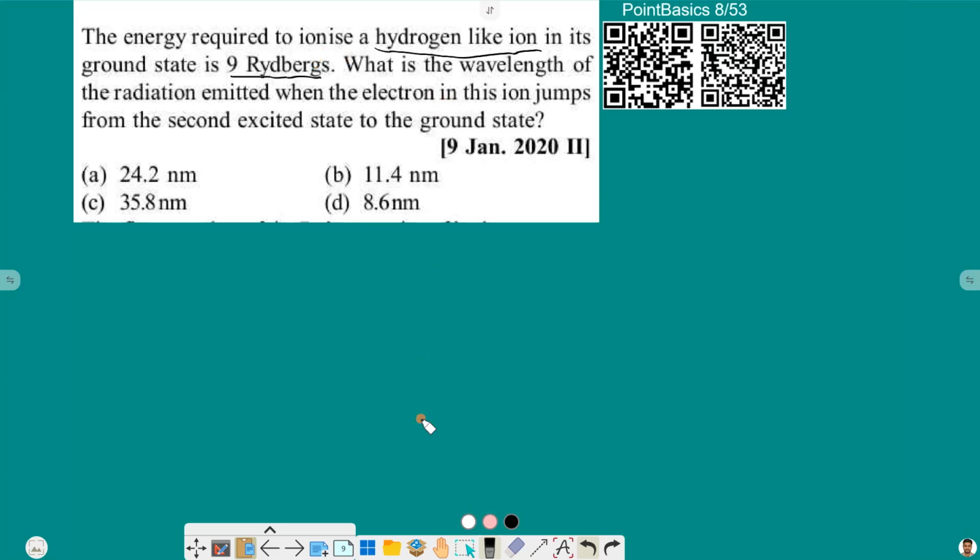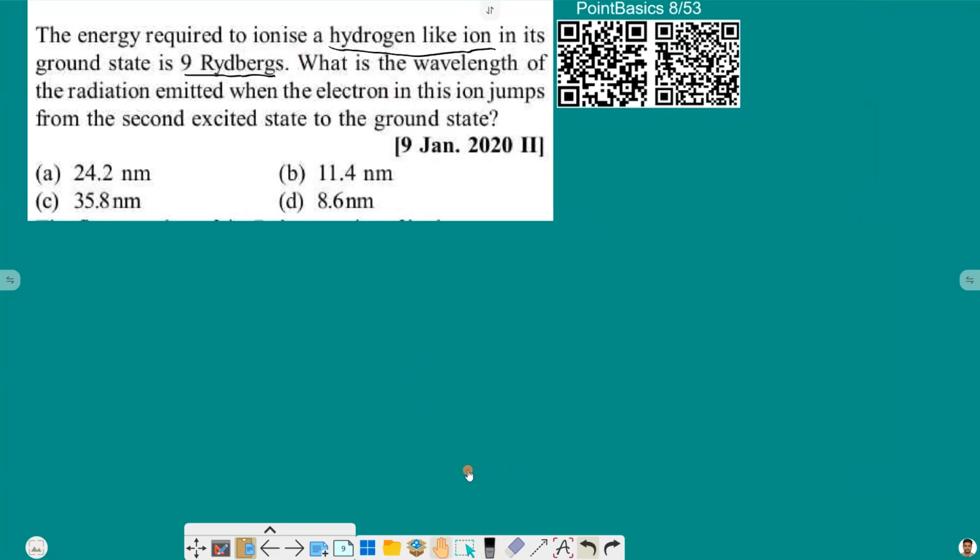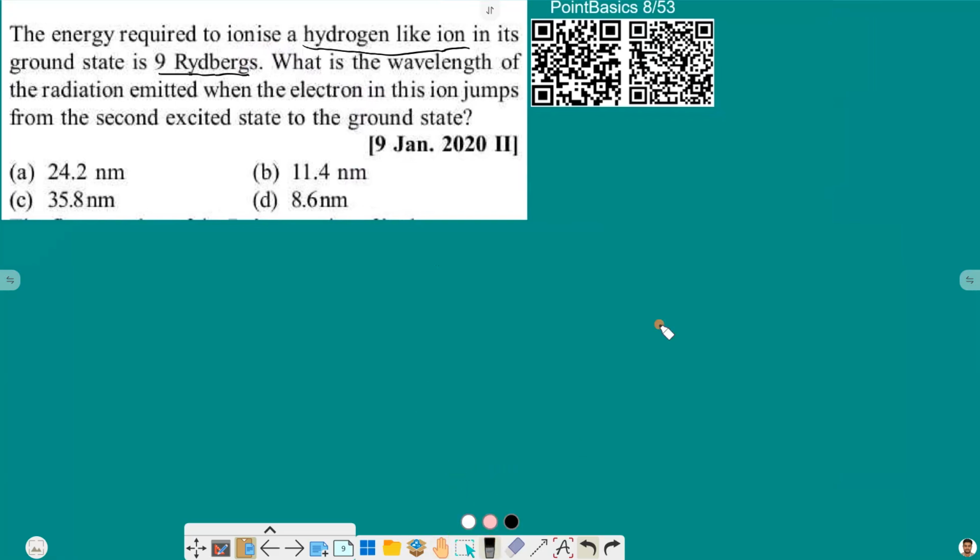Now let us discuss the units first. We know that energy is hc by lambda. The value of hc that we commonly take is 1240 electron volt nanometer divided by lambda. So hc has units of electron volt nanometer. Now we know that R, the Rydberg, has a unit of meter inverse.